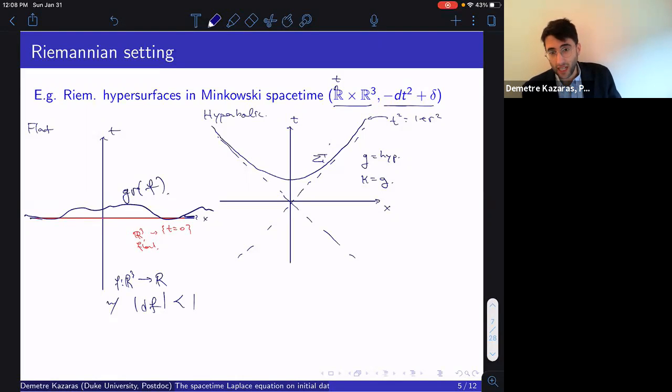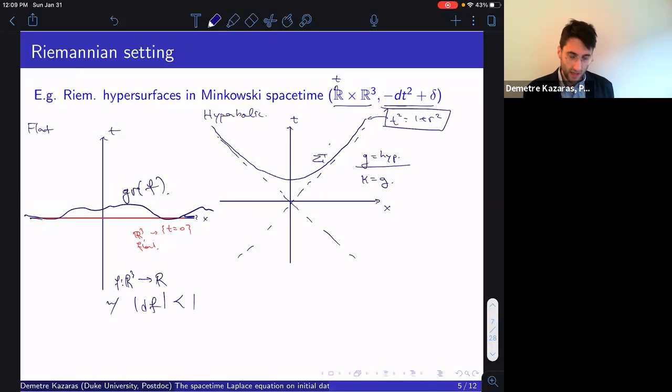Another interesting Riemannian spatial hypersurface of Minkowski is the hyperboloid, defined by the equation that the norm of a vector in Minkowski space has length -1. Or we could say defined by the equation t squared is equal to 1 plus r squared, where r would be the radius in the R3 component.